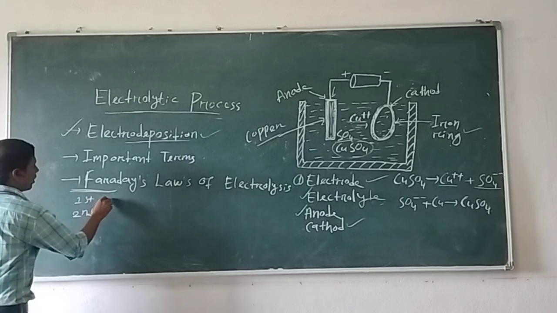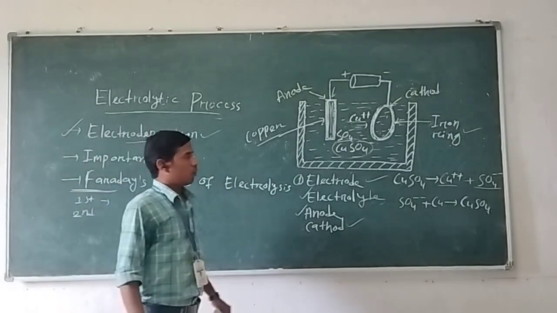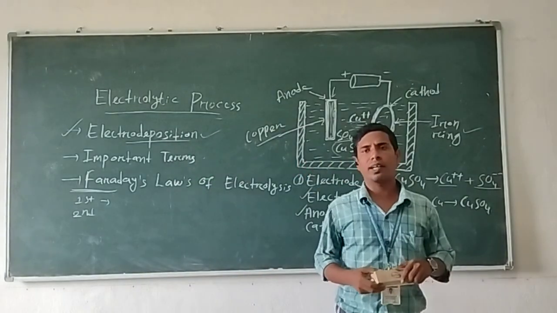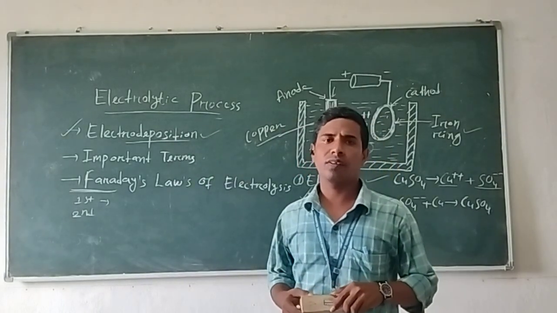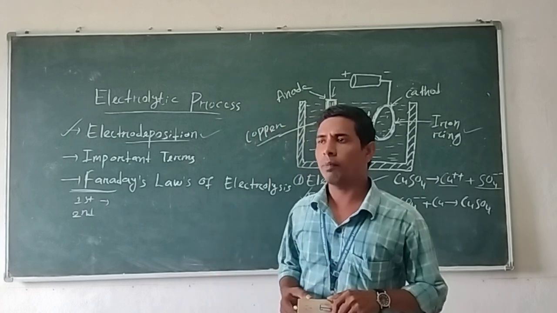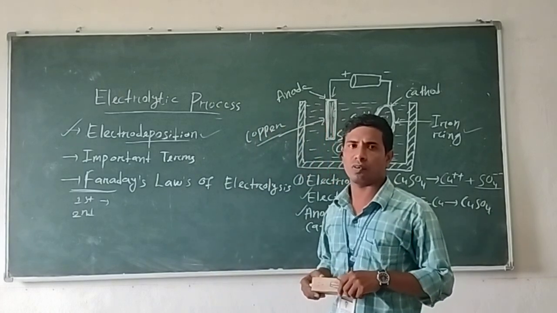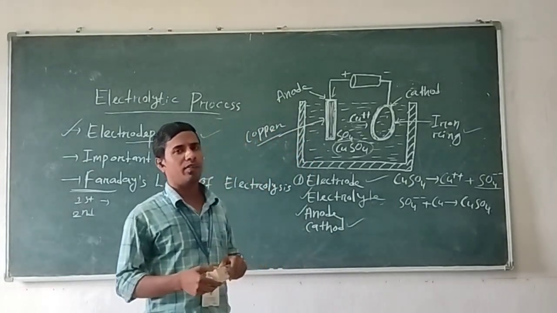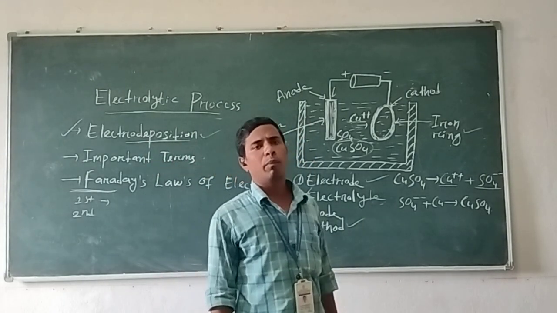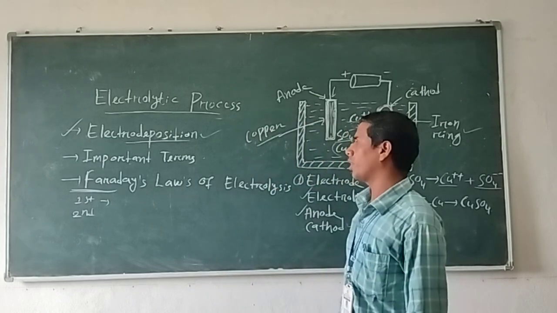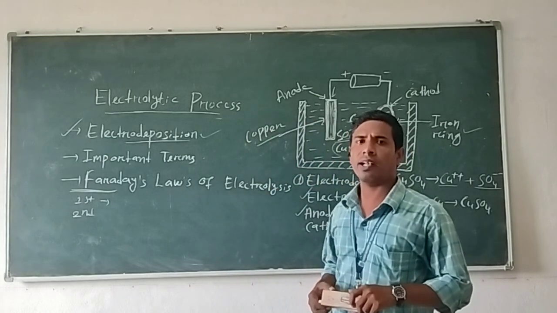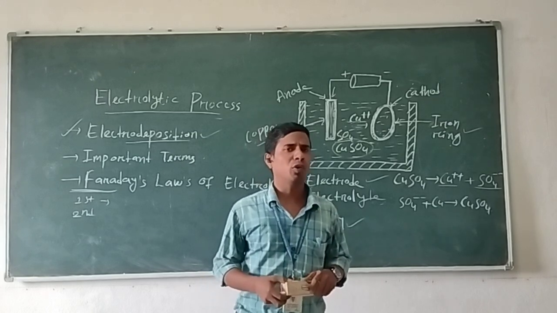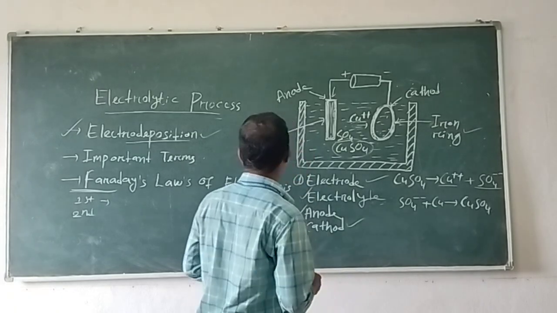The first law says that whenever we supply an electric current through an electrolysis process, there will be some amount of electrodeposition. The amount of deposition depends on the amount of current flowing and the time associated with that process.